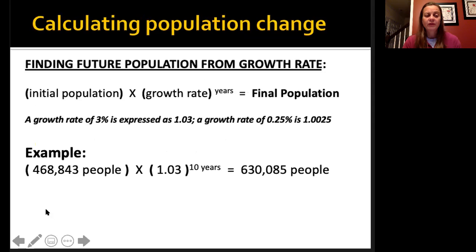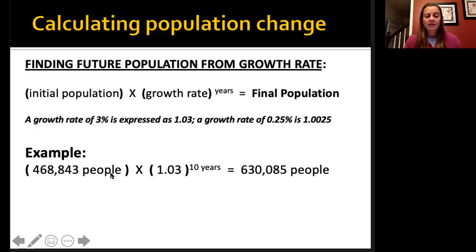So, for example, if we have a city or an area with 468,843 people, and it's growing at 3% per year, we're going to express that as 1.03, and we're going to raise it to the power of 10 for those 10 years.